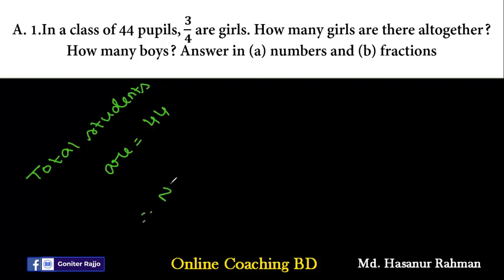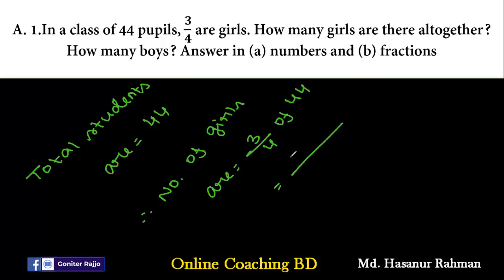Therefore, we can say the number of girls are 3 by 4 of 44. Now, how can you solve 3 multiplied by 44 divided by 4? We can solve it very easily. We have to divide 44 by 4, that will be 11. So 3 multiplied by 11, that is 33.